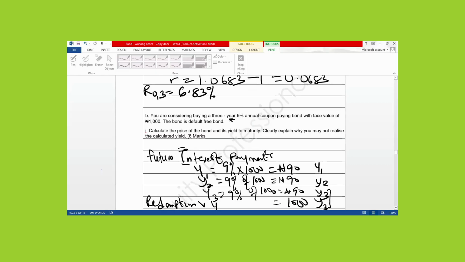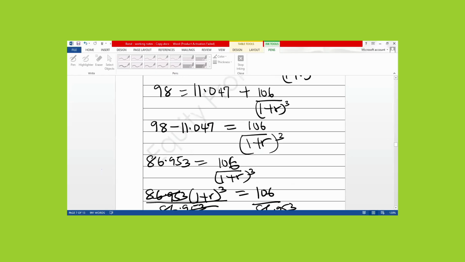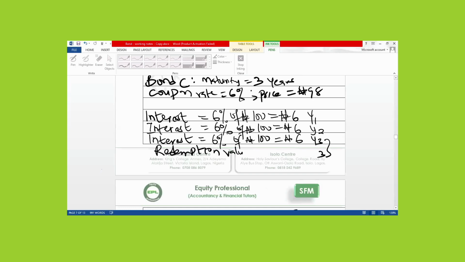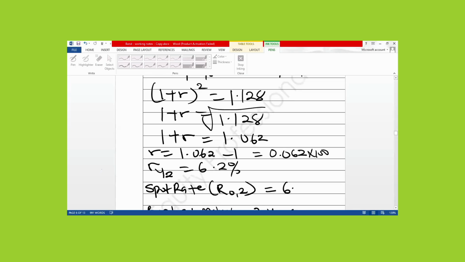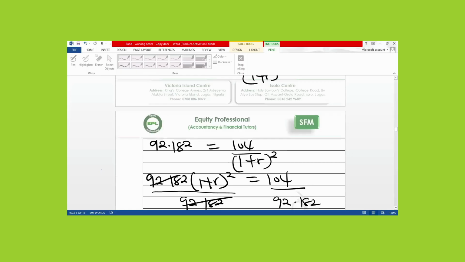The logic is if the price is 1,060 naira today, that bond is a premium bond. Generally, as a premium bond approaches maturity, the price will continue to fall, because at maturity, the price will be 1,000 naira. So your response is that the price is expected to fall.